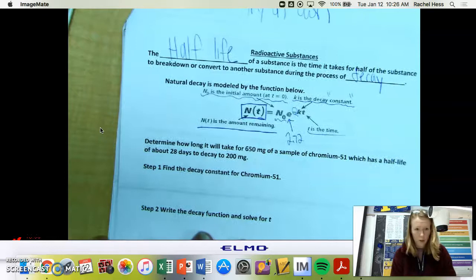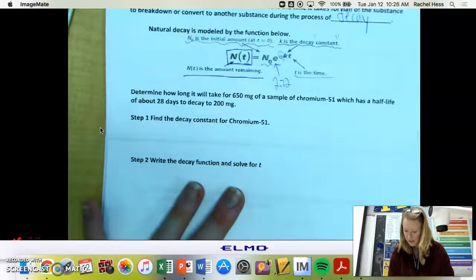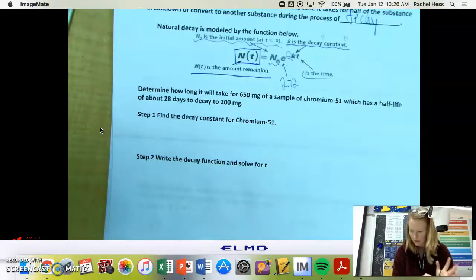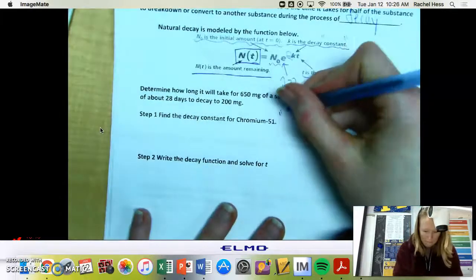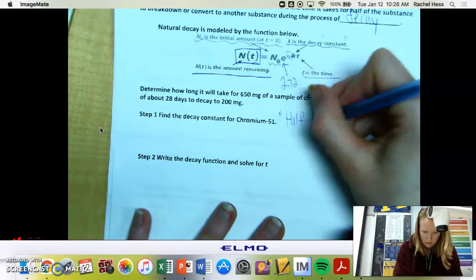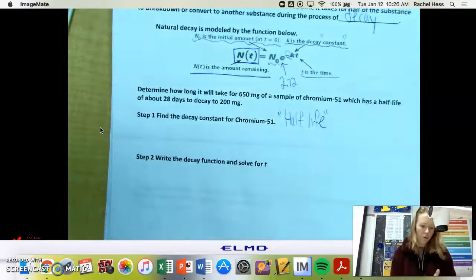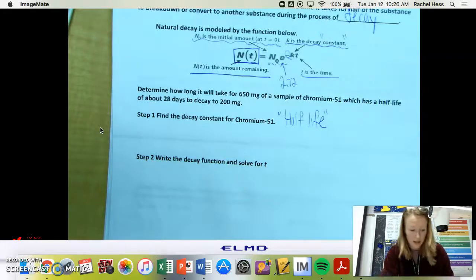So if we are going to do this question, step 1 is to find the decay constant, so half-life. So determine how long it will take for 650 milligrams of a sample, which has a half-life of 28 days, to decay to 200 milligrams.